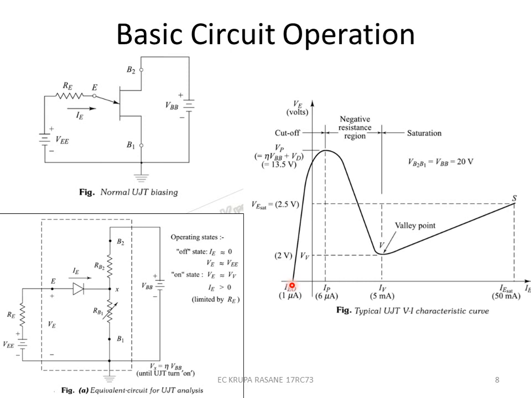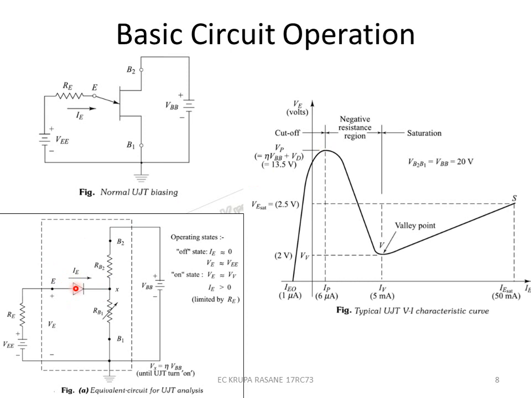Now what will happen is, as I go on increasing this voltage, the leakage current through the diode will start to reduce, and further on as I increase this voltage, at a certain point the current will reduce and become zero, and at this point the diode becomes forward biased.